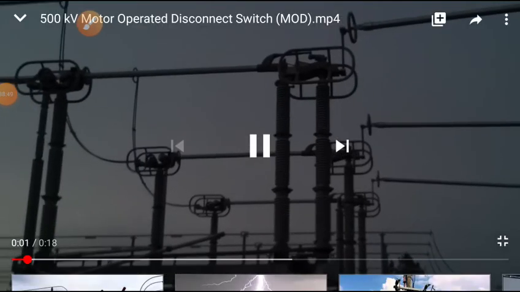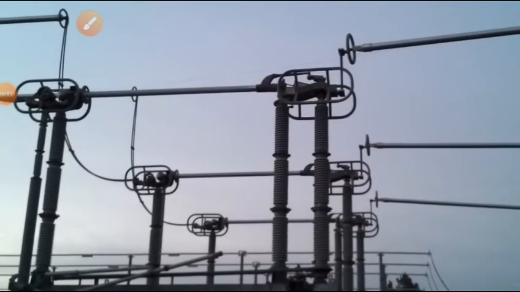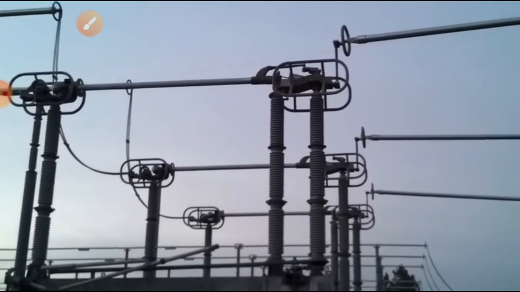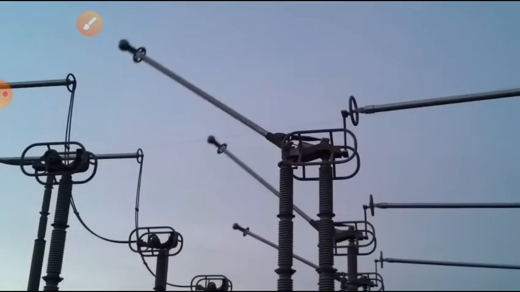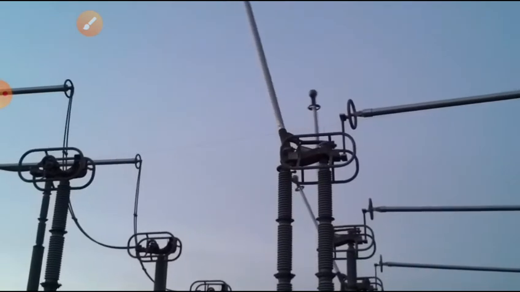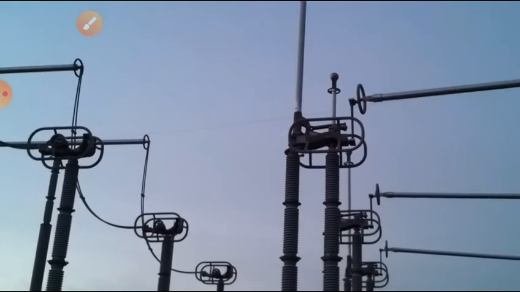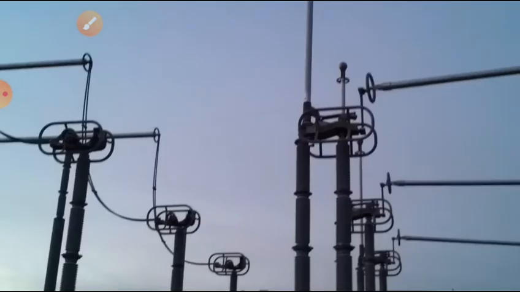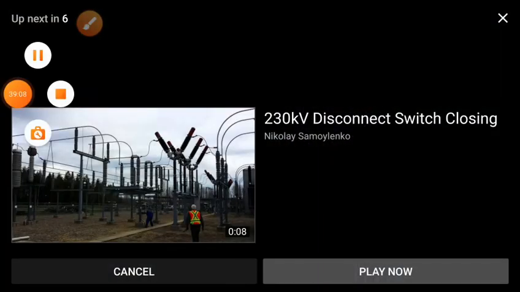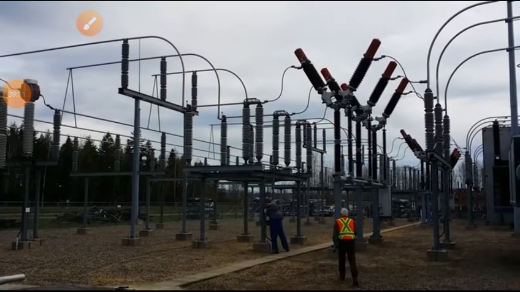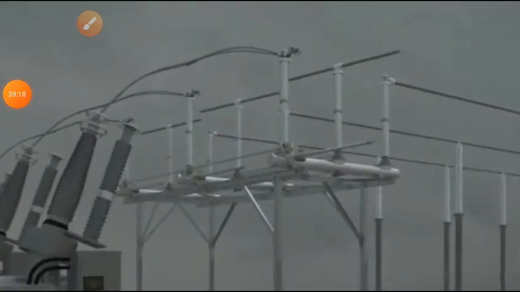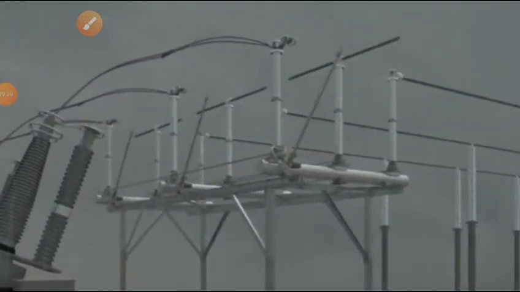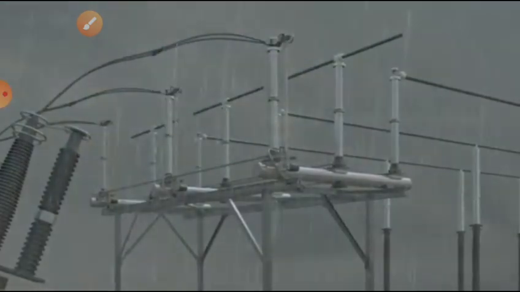You can see here also the 400 kV substation. Earth switch, now it is connected.